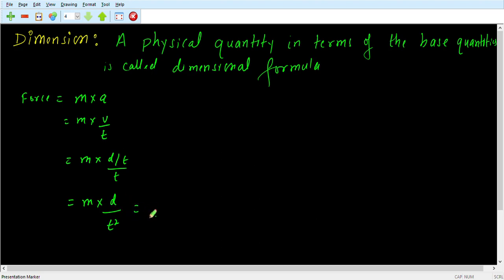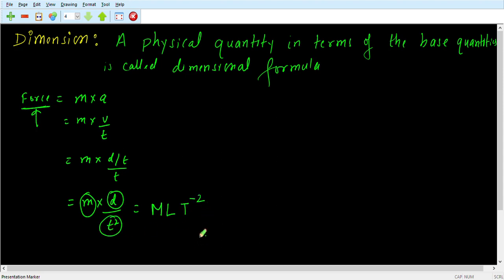So if we want to deduce the base quantities involved in the derived quantity of force, we know that force is a derived quantity because to express force, three base quantities are involved: mass, length from displacement, and time to the power minus 2.